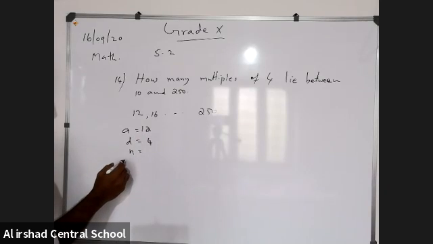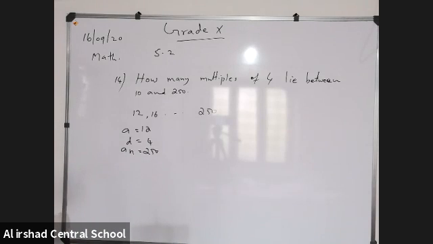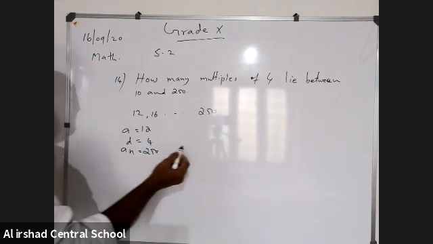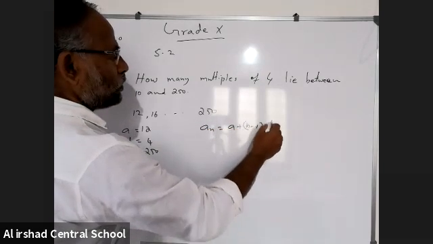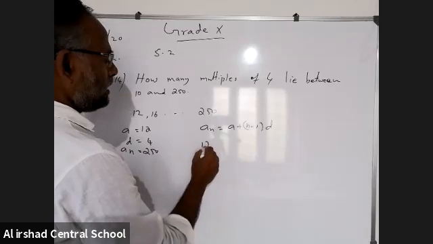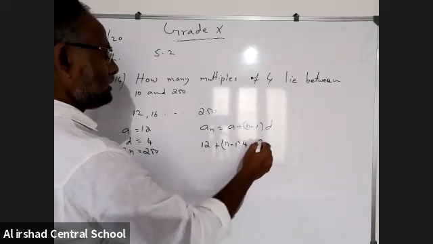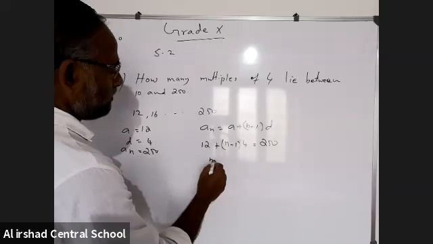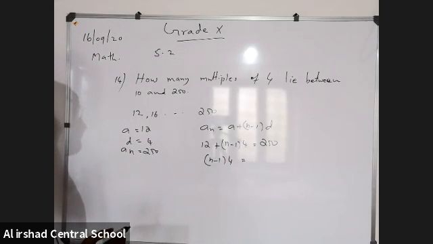N is given as 250, the nth term. So you can apply the formula: nth term is equal to A plus N minus 1 into D. That means A is 12 plus N minus 1 into 4, which is equal to 250. Then N minus 1 into 4 is equal to 250 minus 12.